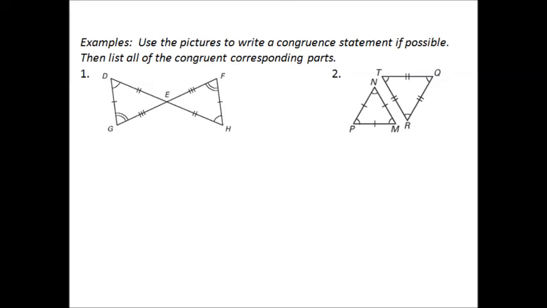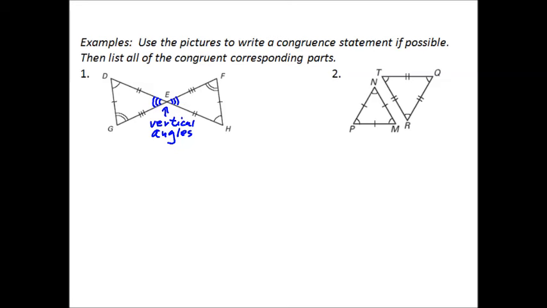But if we remember our previous lessons, and if we remember the concept of vertical angles, these two angles have to be vertical, right? Because they are formed by two lines intersecting. And vertical angles always are congruent. So therefore we now have all corresponding parts marked congruent.